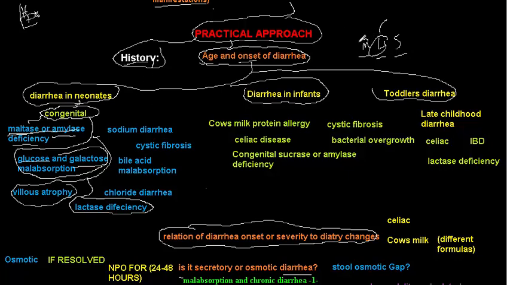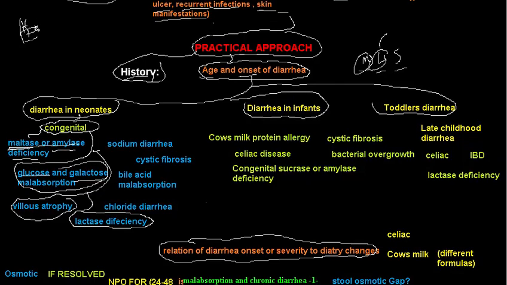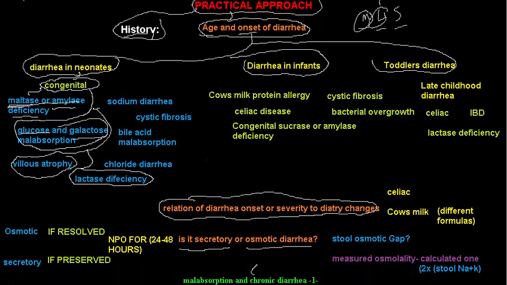If we have congenital maltase deficiency, like in neonates, we will have malabsorption. If we have amylase deficiency, we will have malabsorption, because amylase breaks down the polysaccharides, the starch, into simple sugars or disaccharides.